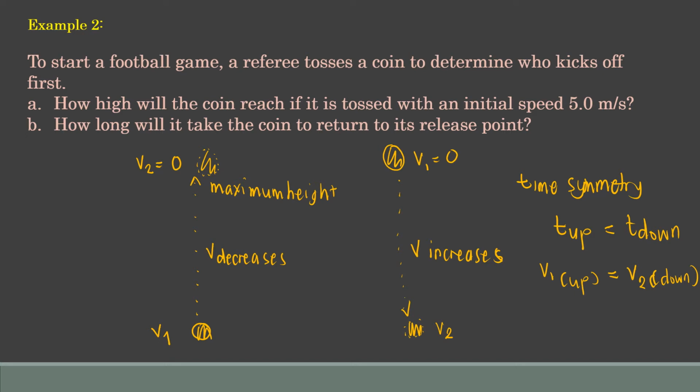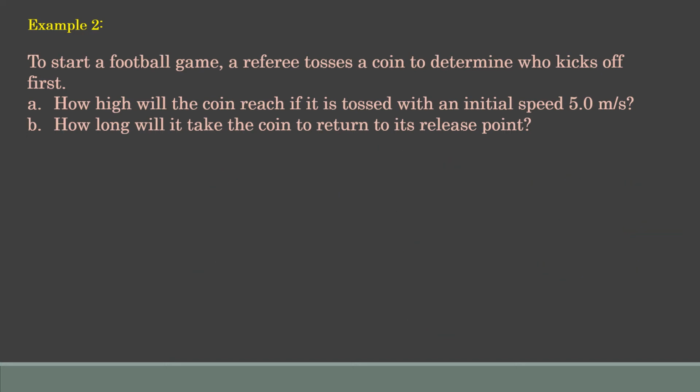So let's apply this in the example problem. We are going to determine first, letter A, how high will the coin reach if it is tossed with an initial speed of 5.0 meters per second. So let's take note of our given.